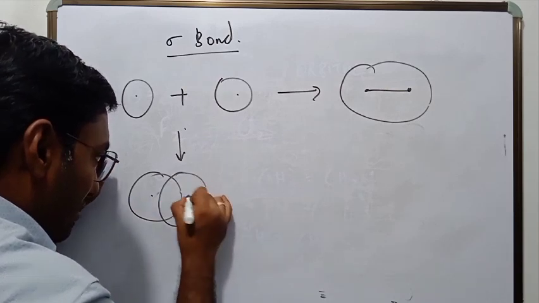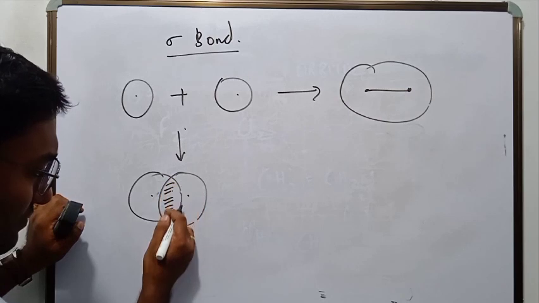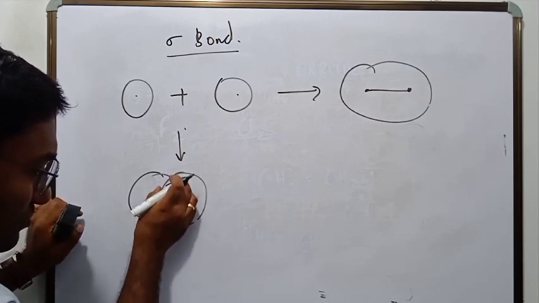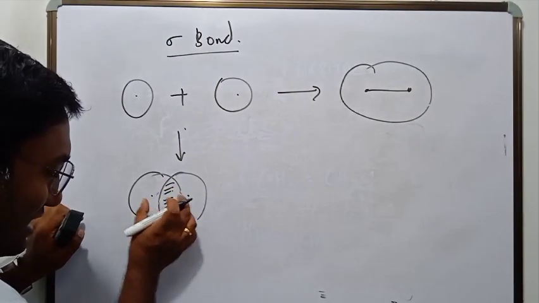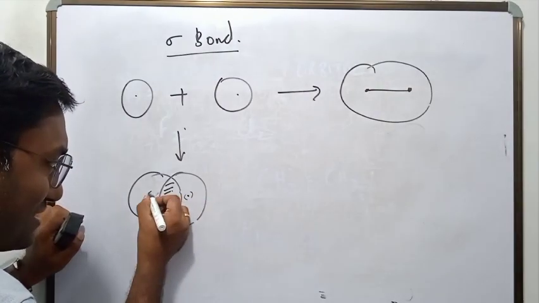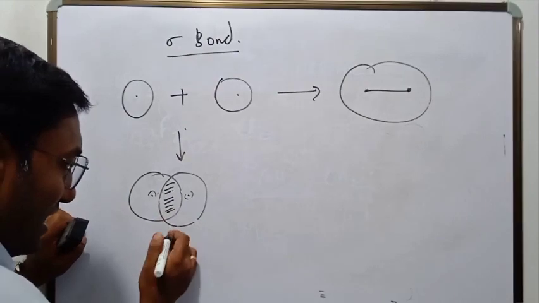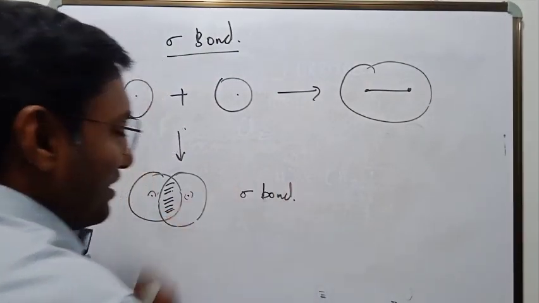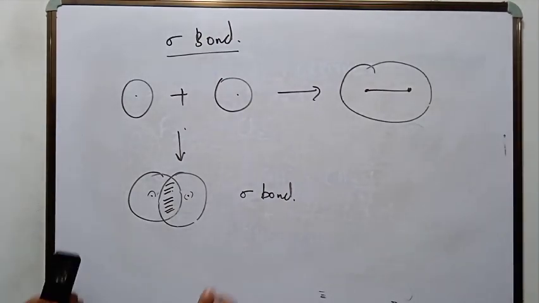The electrons are delocalized over a very small area, and that small area is also in very close vicinity of the nucleus. So that makes the sigma bond extremely stable and very hard to break. If you are breaking a sigma bond, more energy is required. So sigma bond is much stronger.